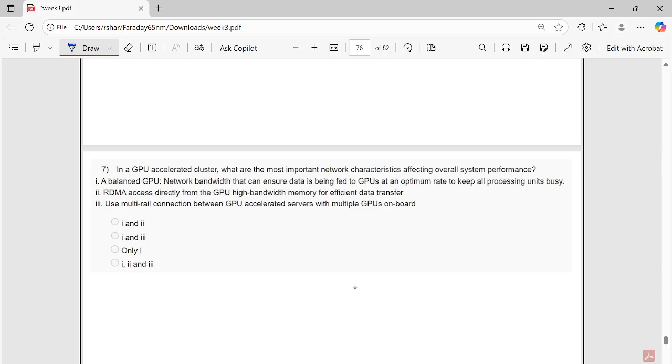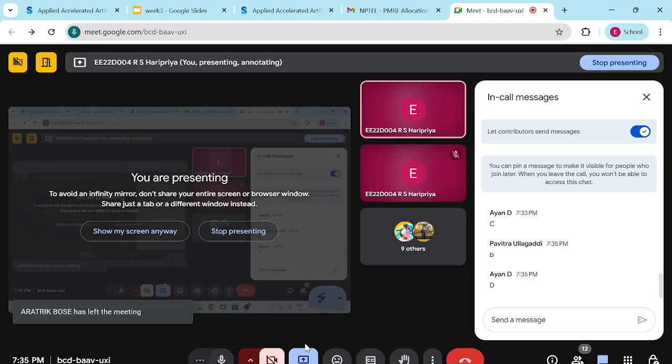And next is RDMA, access directly from GPU high bandwidth memory for efficient transfer. And next is multi-rail connection to increase bandwidth and reduce bottleneck. So yes, D.